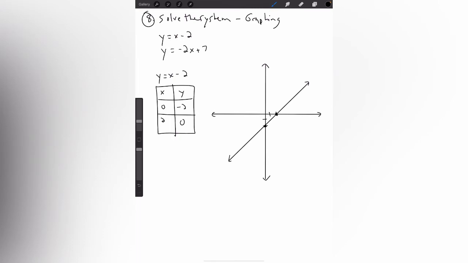And then I have y equals negative 2x plus 7. Okay, so thinking what values should I use? You can just use 0 and 1, 0 and 2. Let's choose 0 and 1.